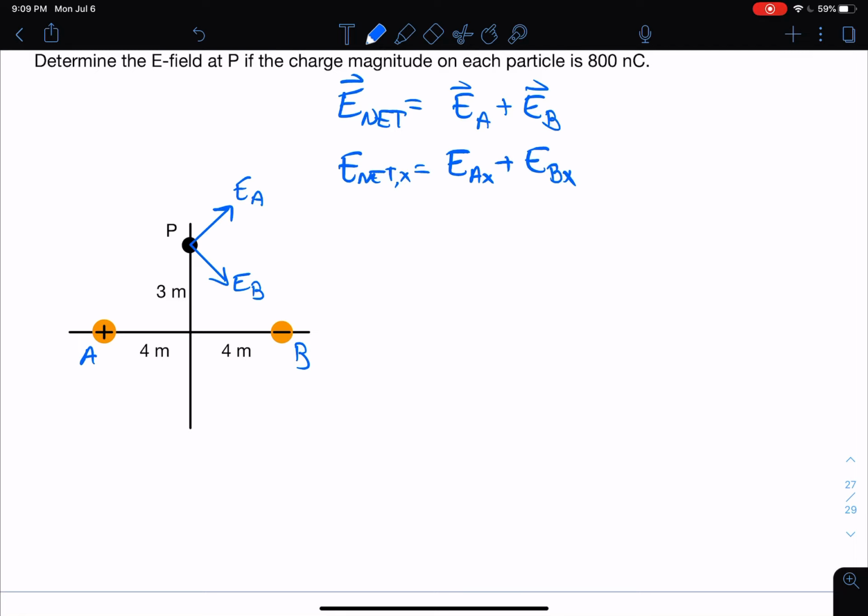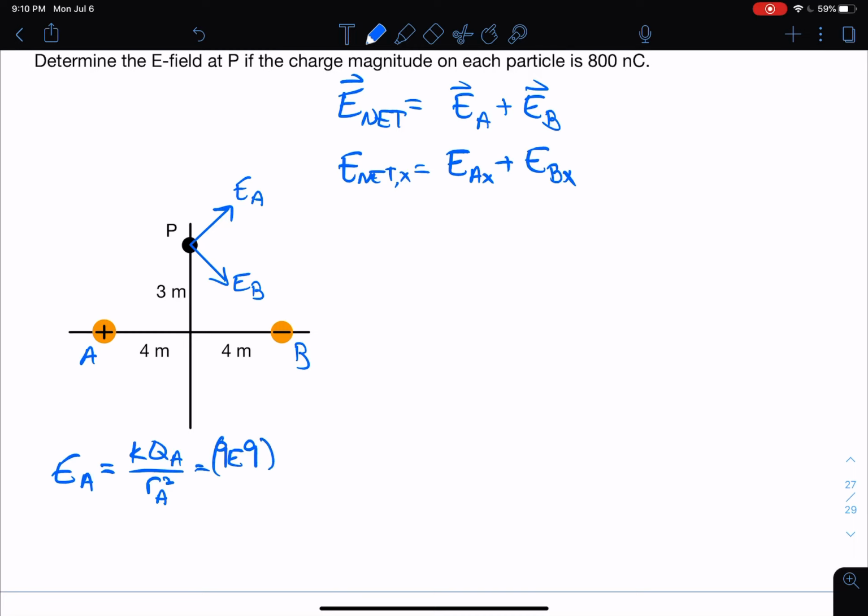We know how to do those. Before I start getting these X and Y components, let's figure out the magnitudes, because I know I'm going to need those. So EA is going to just be K QA over R sub A squared. K, we know that's 9 times 10 to the 9th.